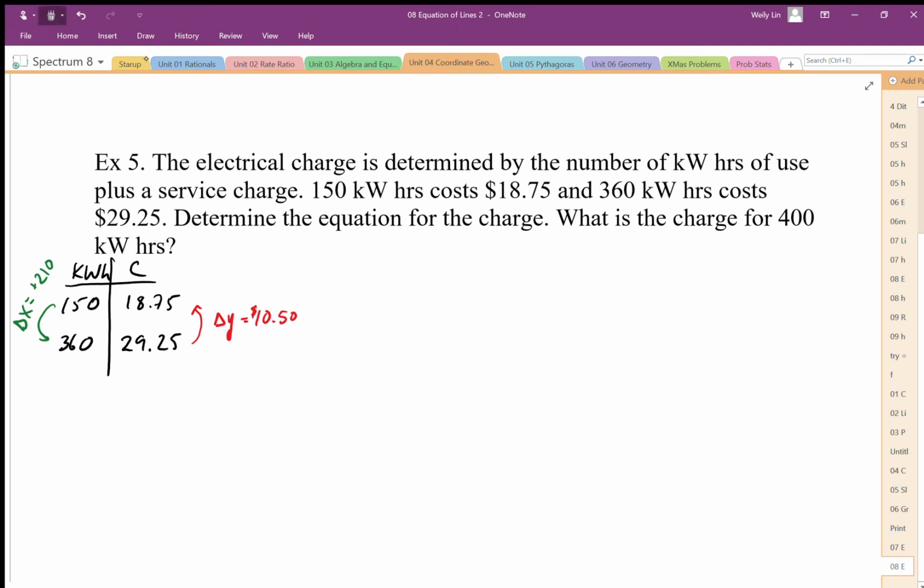So I can determine my slope from my table. My slope is equal to an increase of 10.50 over 210 kilowatt hours.